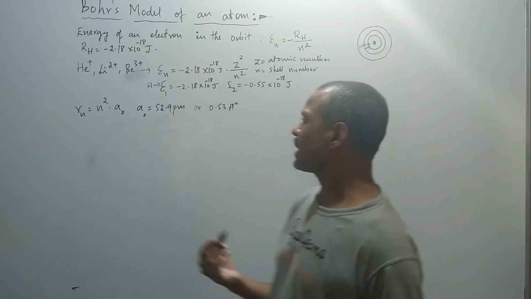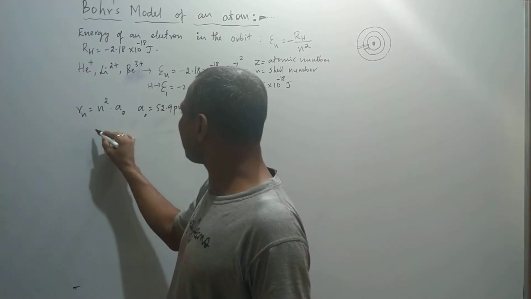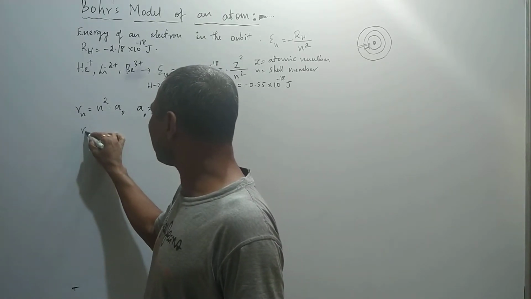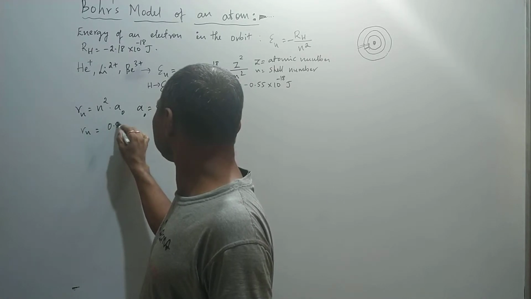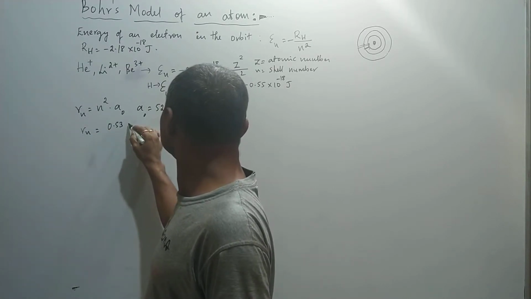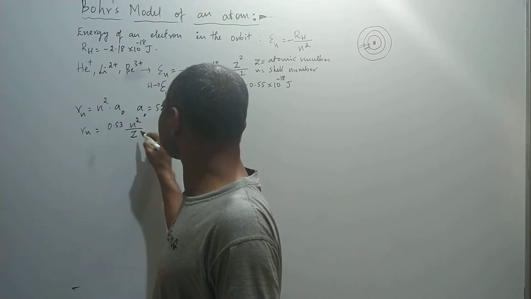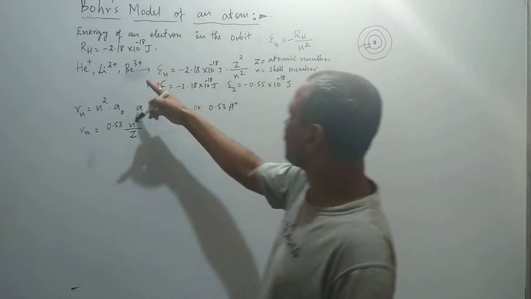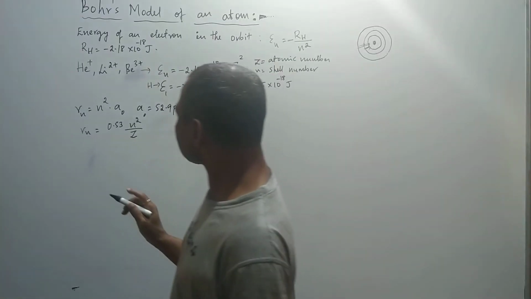Both ways it can be considered. So at that time the value of Rn will become 0.53 n square upon Z, where Z is the atomic number.